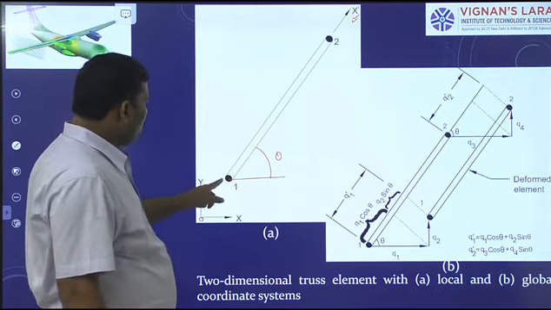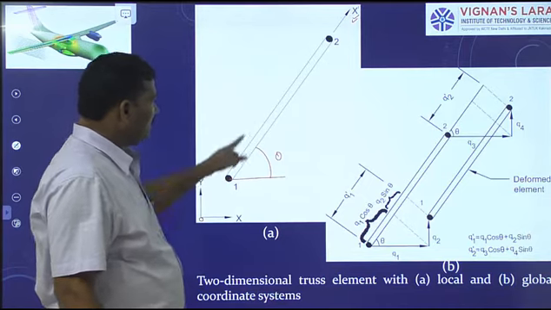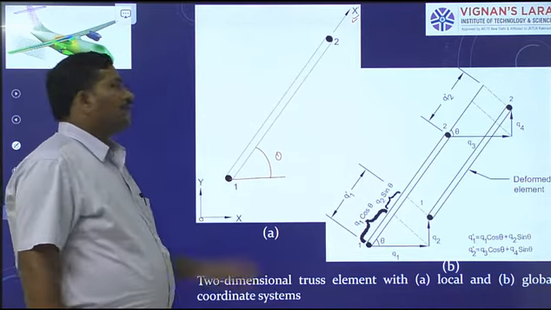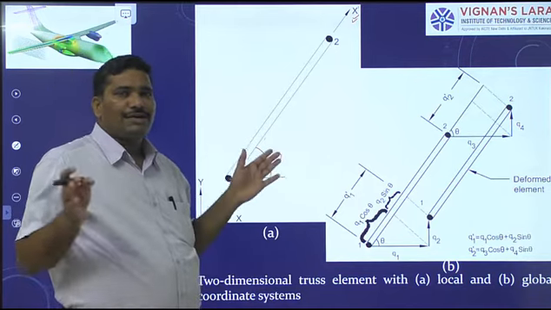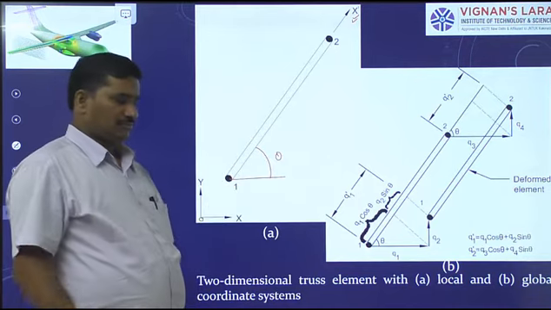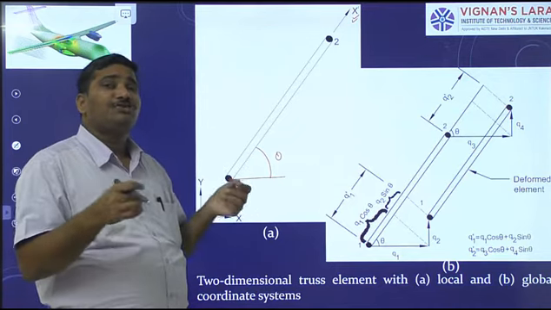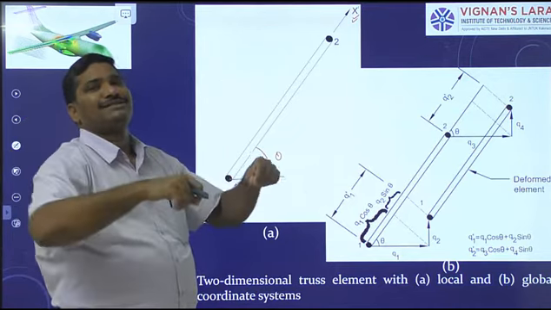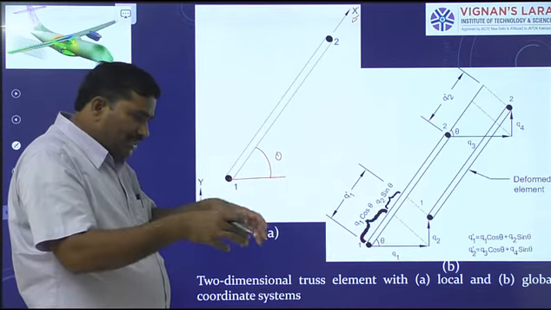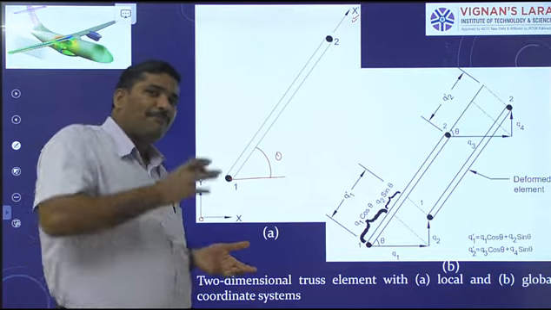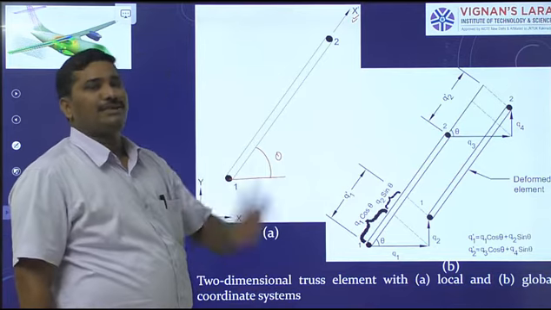Now this is node 1 and this is node 2. This truss element may undergo compression or tension under the action of several forces acting at the joints of the truss. The forces acting at the joints of the truss produce either compression or tension in the truss element.